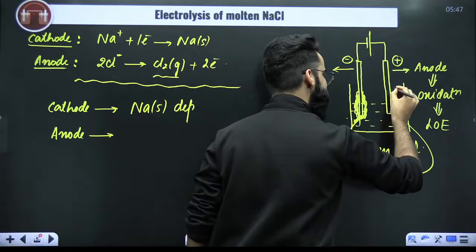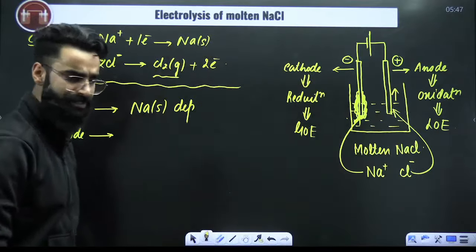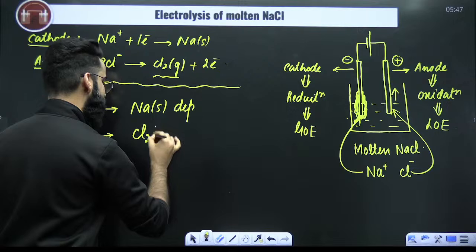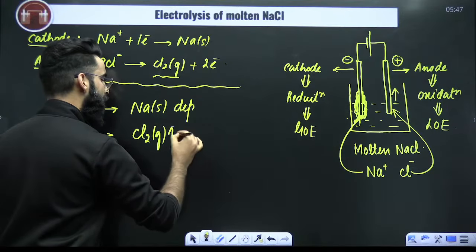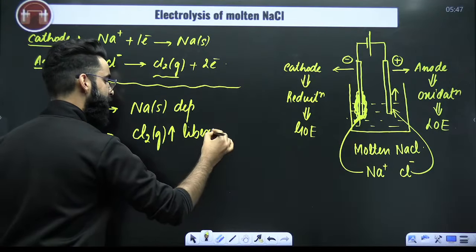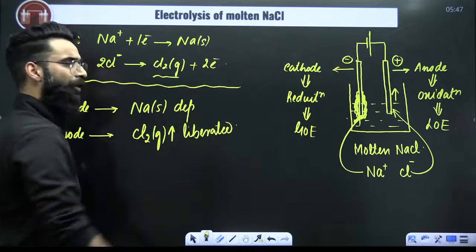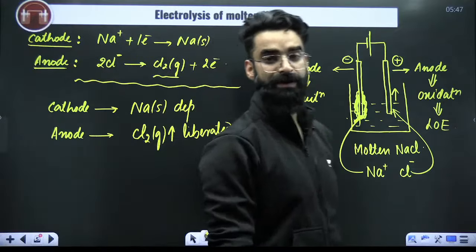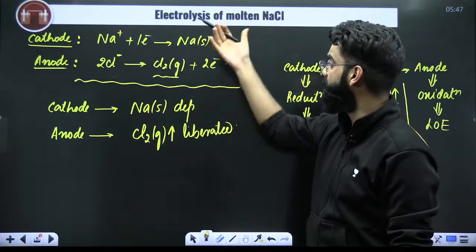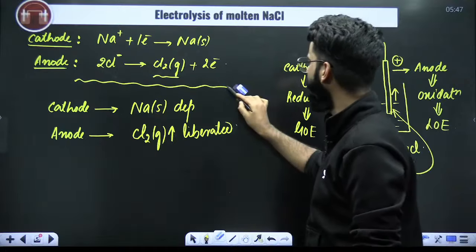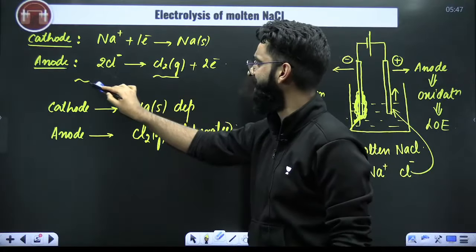So at anode, Cl2 gas is being liberated. This is the first point which you need to remember in case of this particular electrolysis. I hope you got the idea of how this electrolysis exactly happens.